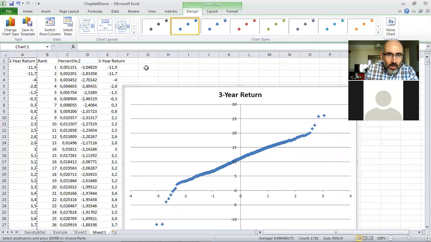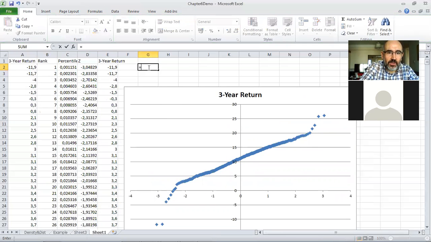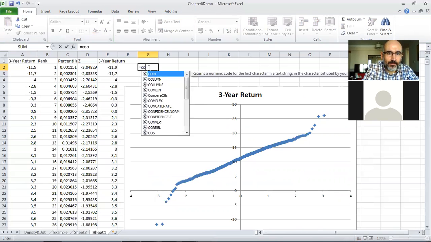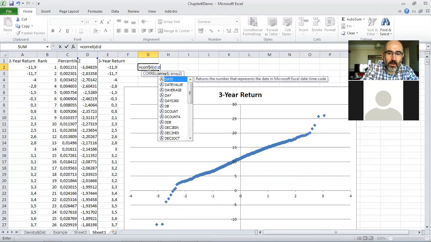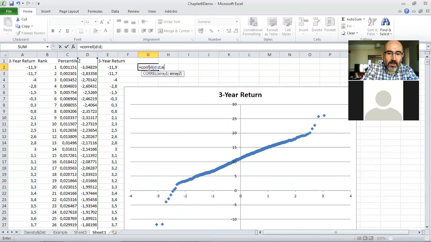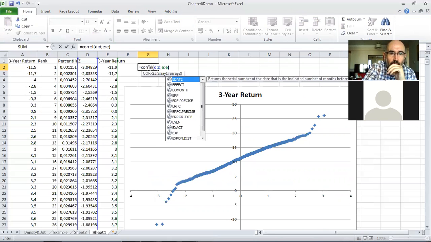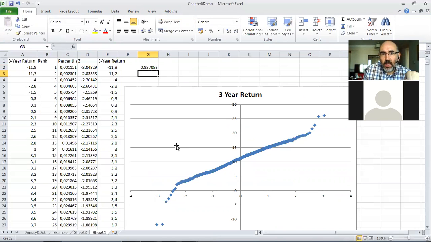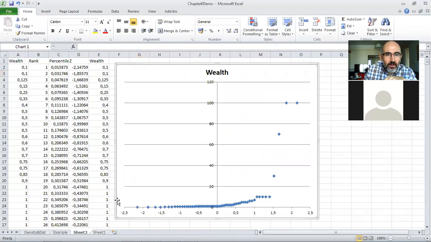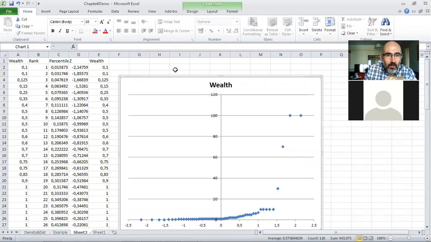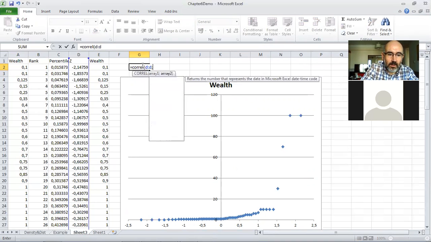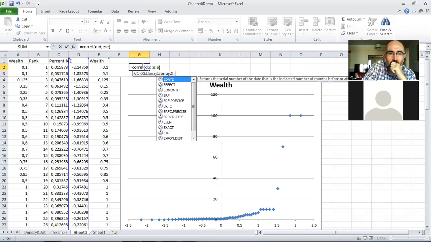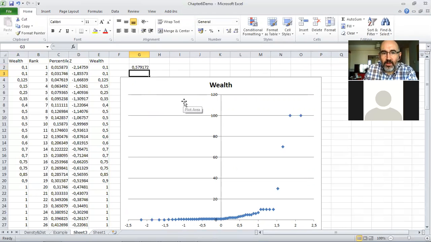Something else you can do is find the correlations between the z's and the x's. I can do that with D and E, and it should be quite high. As you see, 0.98, so mostly linear. On the other hand, if you come to the wealth data, this is quite low, 0.59.